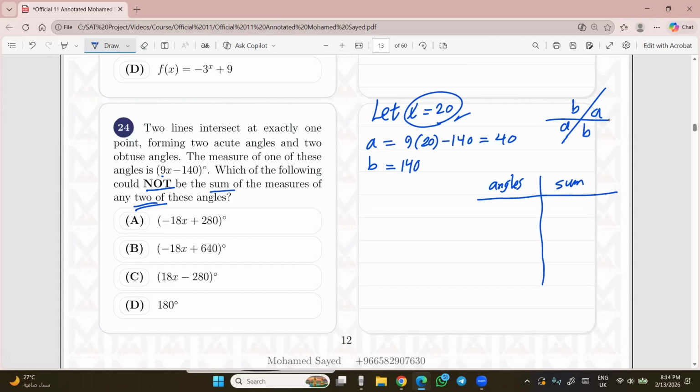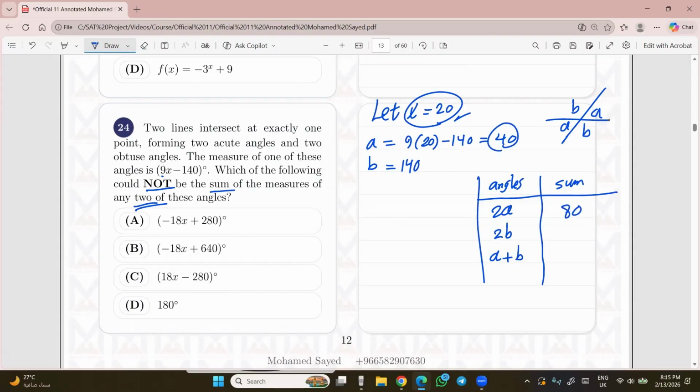Maybe the two angles are acute, so A plus A, which makes 2A. Or maybe they are 2B, two obtuse. The question did not mention. Or maybe one acute and one obtuse. These are the only three probabilities. So 2A means 2 times 40, which is 80.